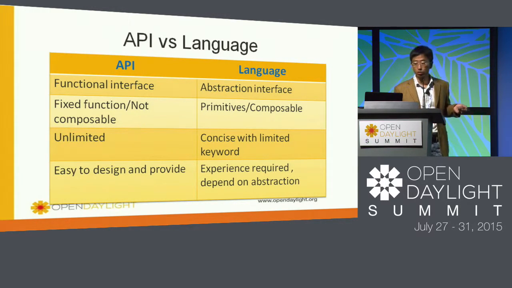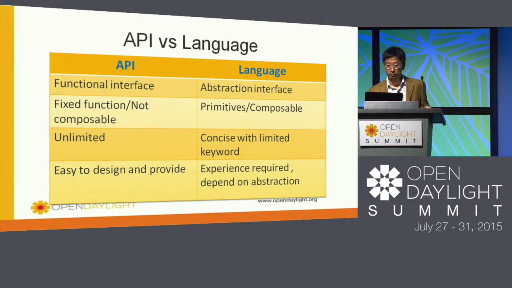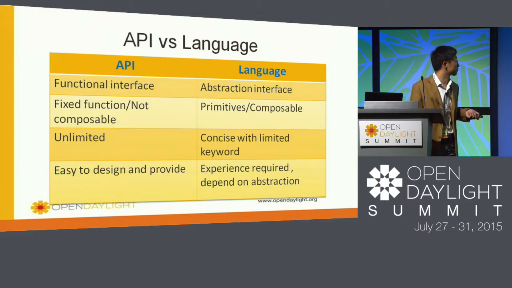And with the evolution of network capability, more and more APIs will be provided, but the primitives are stable. When we build a new network capability, we don't need to extend keywords in the language.